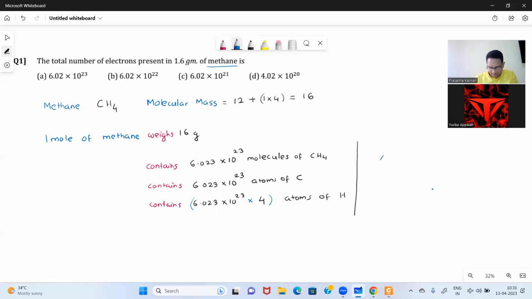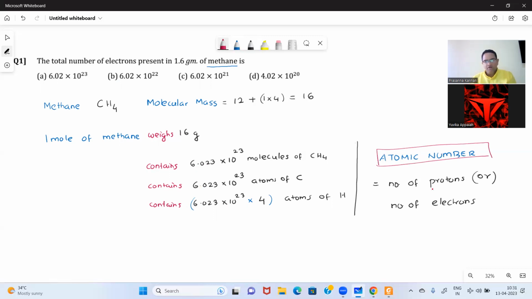It is based on the atomic number. What is the definition of atomic number? It is equal to the number of protons in the nucleus, or it is also equal to the number of electrons revolving around, in a neutral atom. Correct, Viveka?